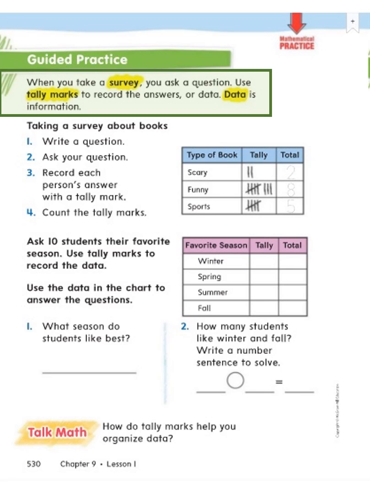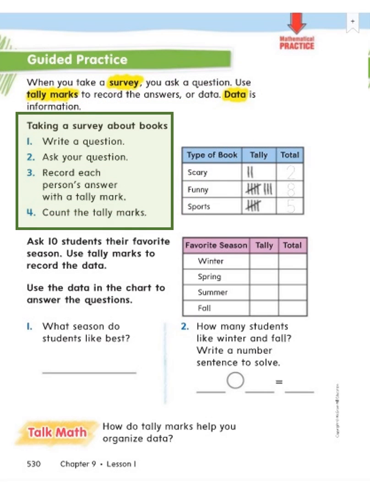So look at the top of the green box and read along with me if you can. When you take a survey, you ask a question. Use tally marks to record the answers or data. Data is information. And here it gives us some important steps.